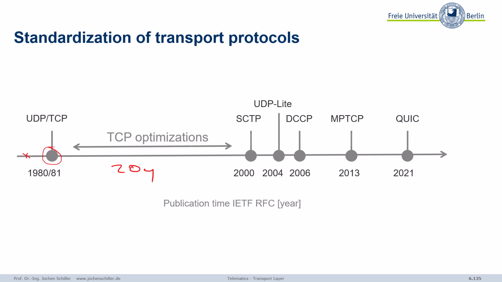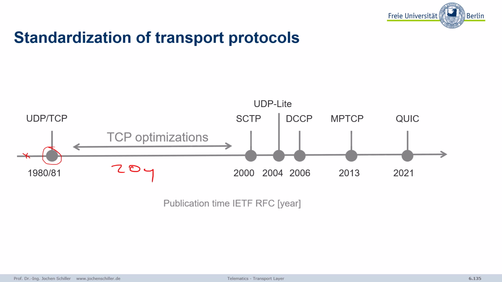No, it was about optimizing. But after 20 years, many saw that we have some fundamental issues with TCP. TCP is fine for many, many purposes, but there are some issues, like, for example, the head-of-line blocking. Remember the issue for delivering, for example, different parts of a web page.